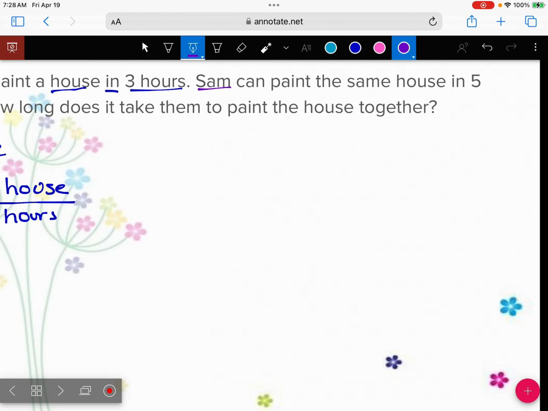And Sam can paint the house in 5 hours. So Sam can do one house in 5 hours.